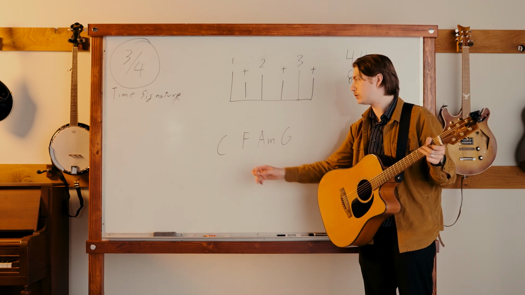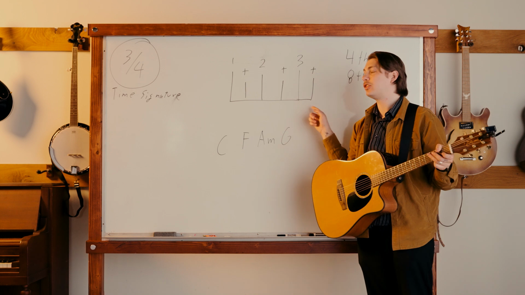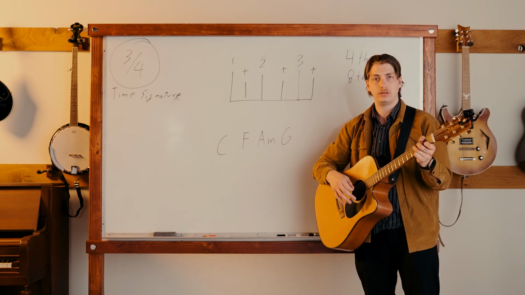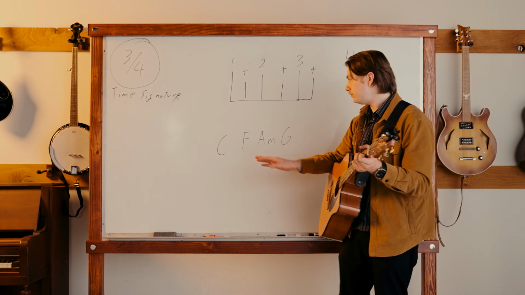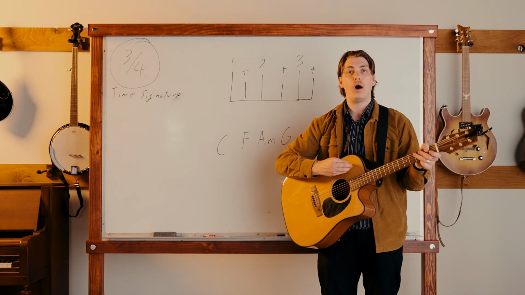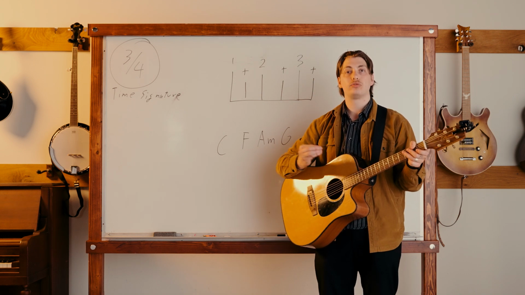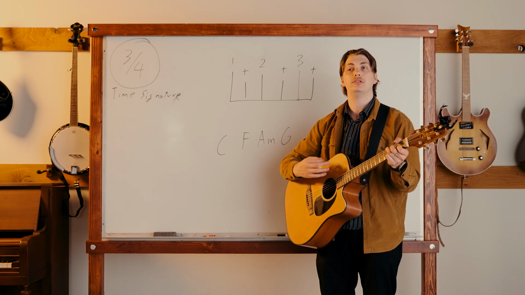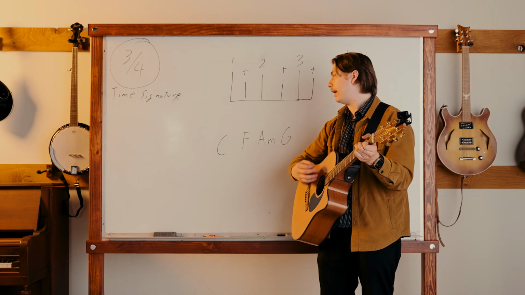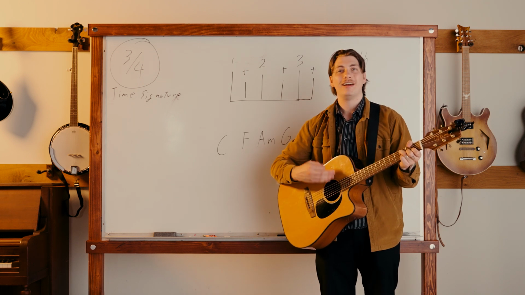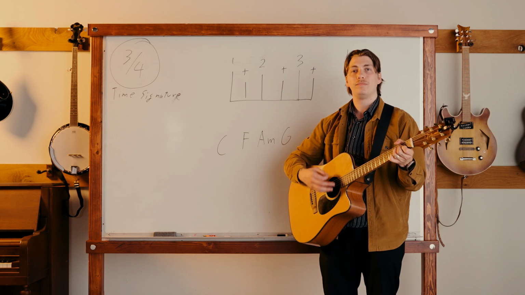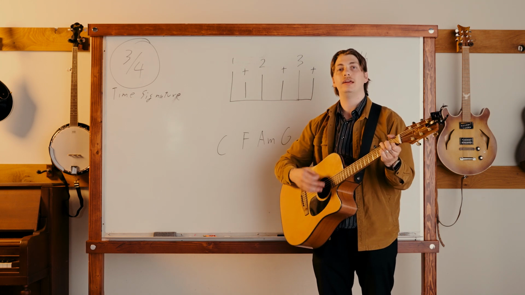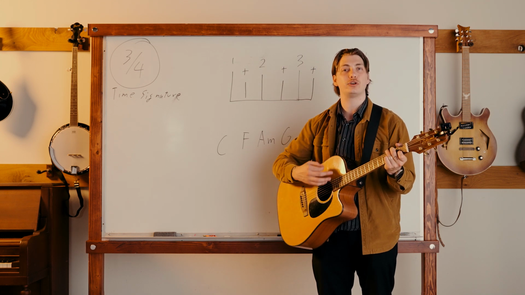Let's try to play this, but with eighth notes now. We're just going to do down strums. Are you ready? We're going to play a C. We're going to go 1 and 2 and 3 and 1 and 2 and 3 and F. I know that's weird. 3 and A minor, 2, 3, G. Let's actually hold each of these for 2 measures.